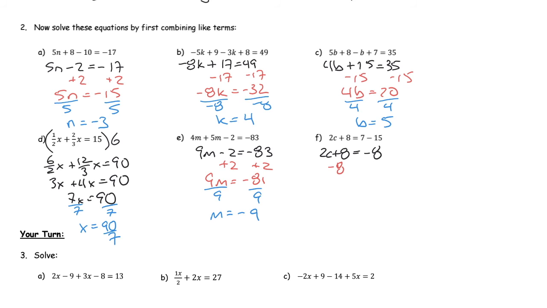So now I'm going to subtract 8 from both sides to get negative 16. And then I'm going to divide both sides by 2 to get c is equal to negative 8. So again, all we're doing is adding a little bit of simplification prior to the act of solving when we're moving stuff around here.